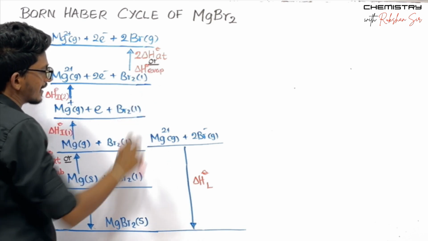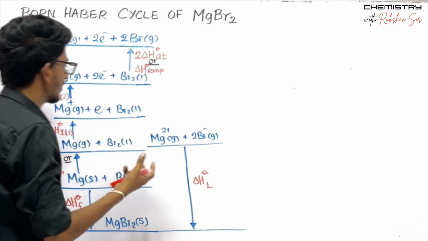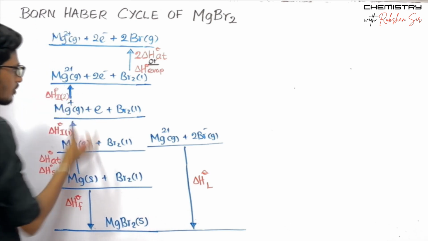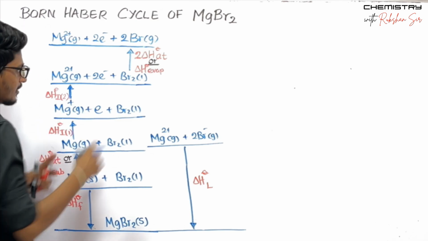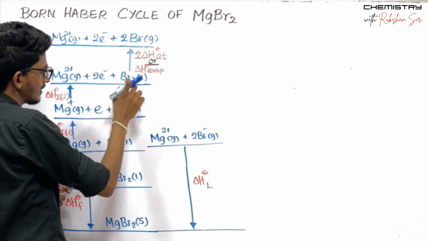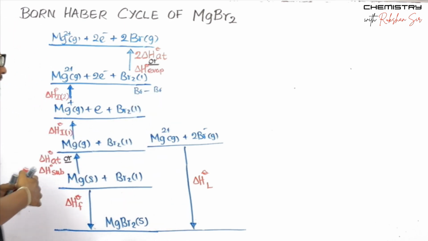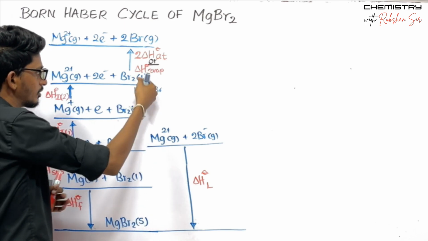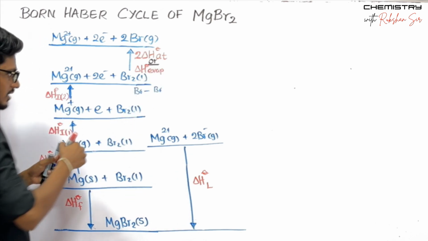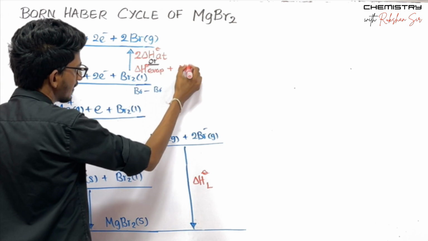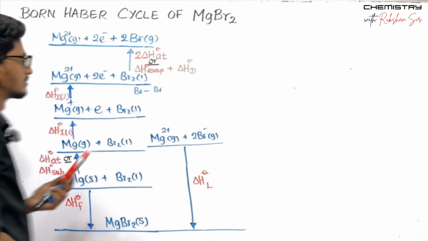Bond dissociation involves gaseous bonds breaking. It is the enthalpy change needed to break 1 mole of gaseous covalent bonds to come up with monoatomic gaseous forms, right? So first we need to convert this liquid to gas, which can be done by vaporization or evaporation, and then you can apply the bond dissociation of Br2. Right, now the thing is clear.